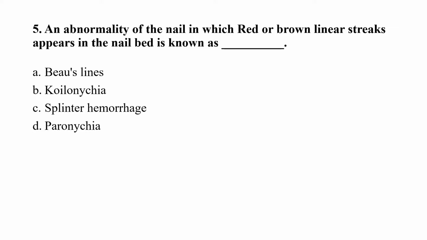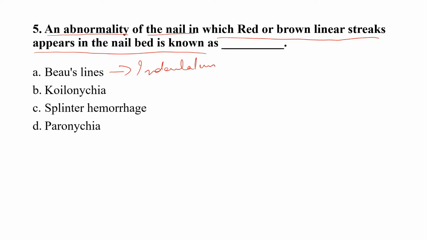Question number 5. An abnormality of the nail in which red or brown linear streaks appear in the nail bed is known as: option A, Beau's lines; option B, koilonychia; option C, splinter hemorrhage; option D, paronychia. What are these Beau's lines? They are the indentations of the fingernails or toenails.